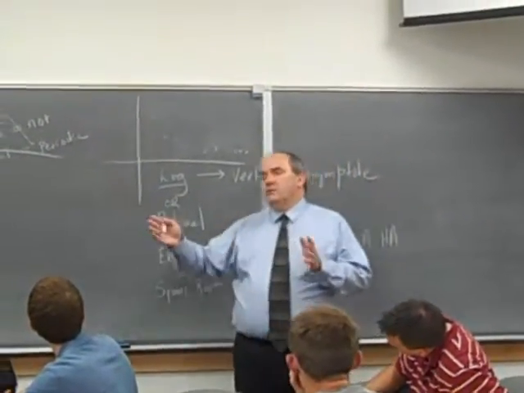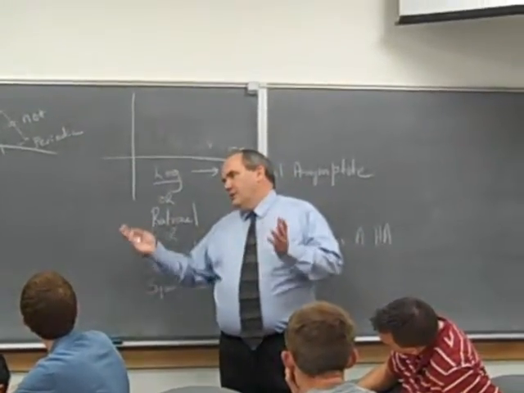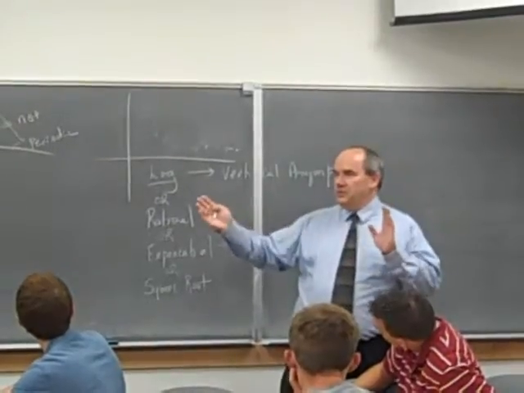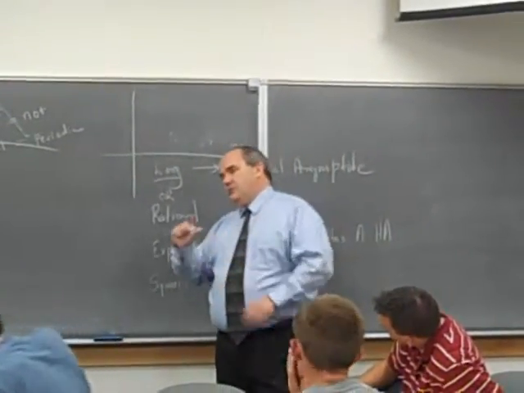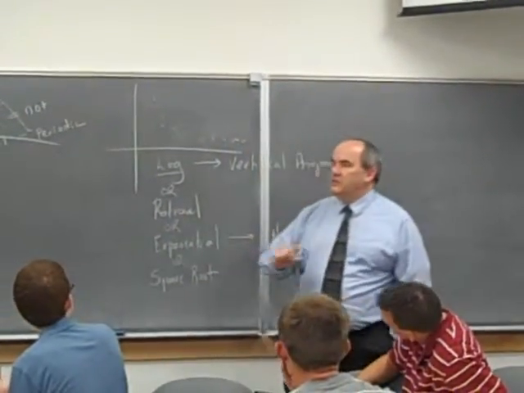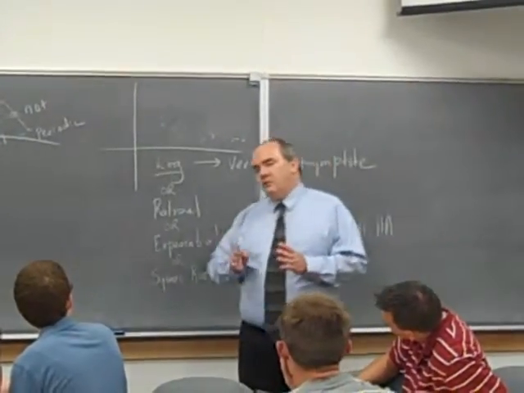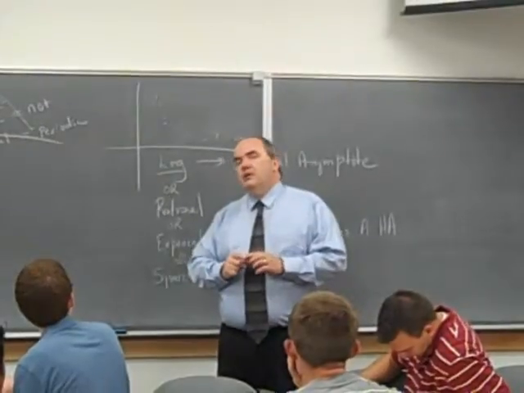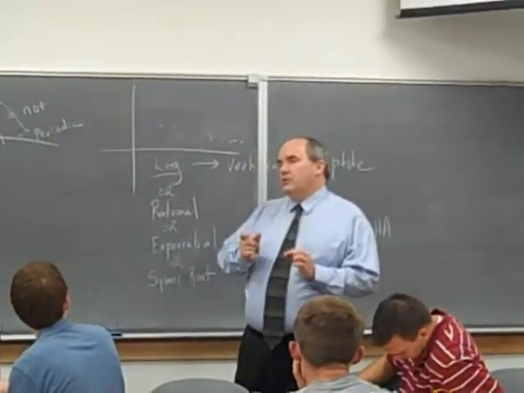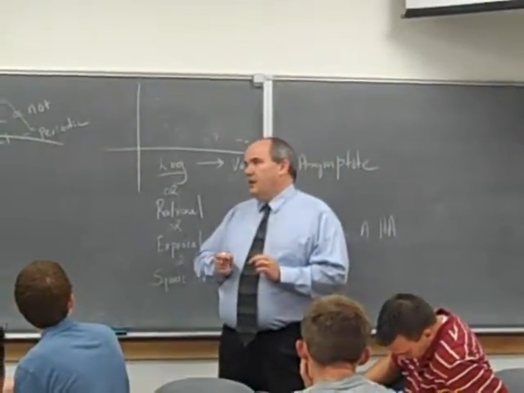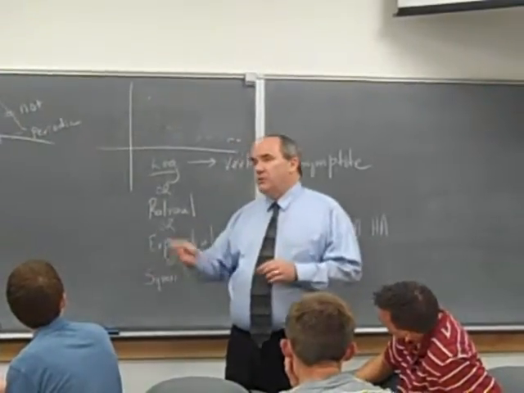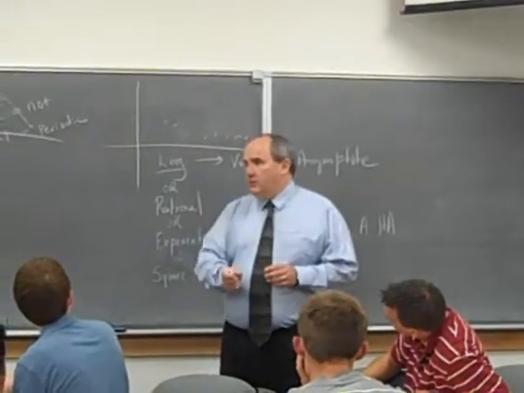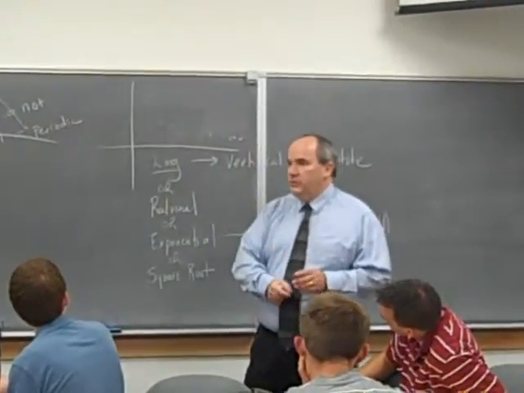So if your earthquake emits 1 billion joules, and I'm playing a little fast and loose with how they do it, it's all relative to a certain base intensity. If you have something that's 1 billion times stronger than that base intensity, then your Richter scale reading is a 9. If it's 1 million times stronger, then your Richter scale would be a 6. If it's 1,000 times, it would be a 3. If it's 100 times, it would be a 2.